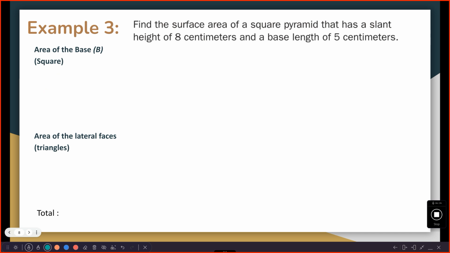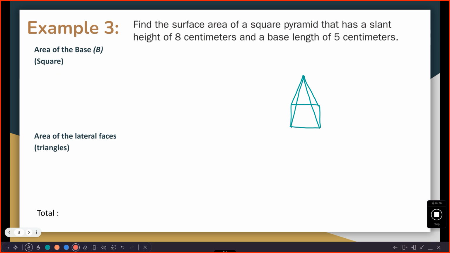I would start with a square, and I would make a point up here which represents your common vertex. And then I would connect that common vertex to all of my other vertices or corners. And now I have a square pyramid.